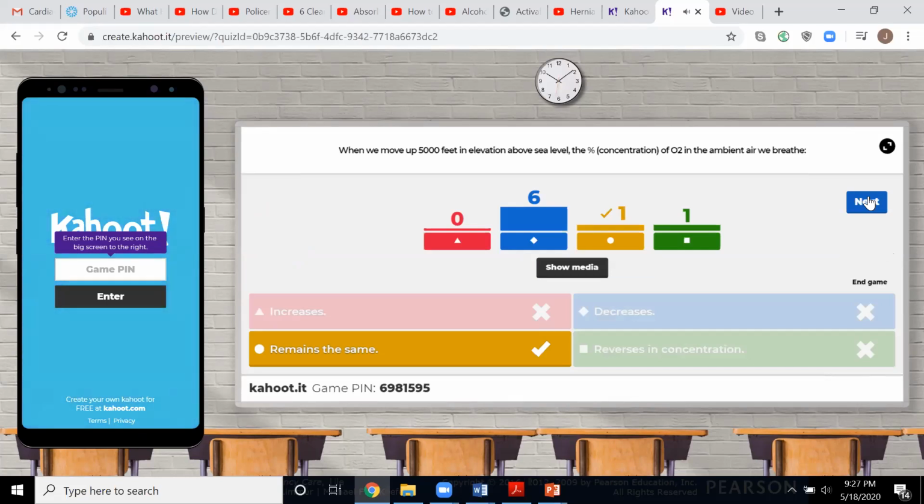So it remains the same. The percentage remains the same. What changes is the partial pressure, the amount, when you go up to a high level.